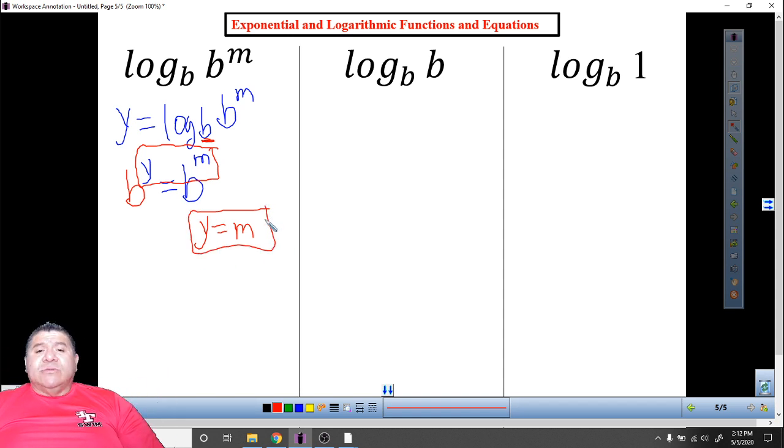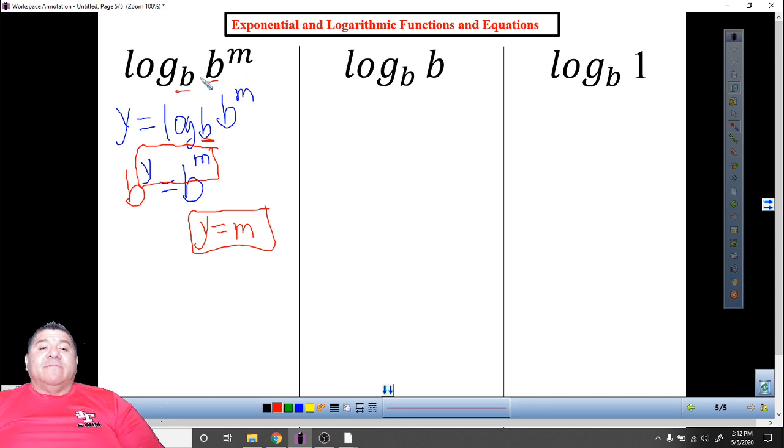So this is something to remember. What is it that you see? Look at this. The base is the same as the given number. So once again, what would be a definition that you would have in your noodle? That if the log has the same base as the given number, then the solution, or the missing exponent, is the exponent on the given number.